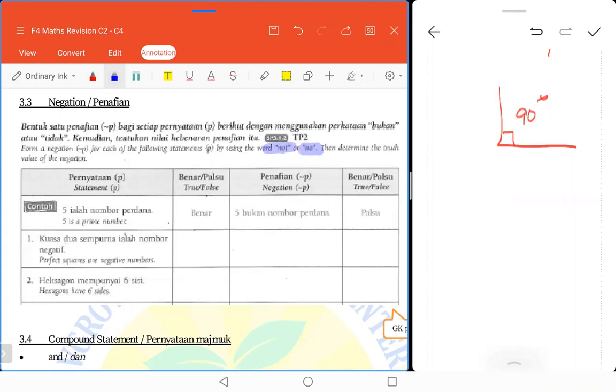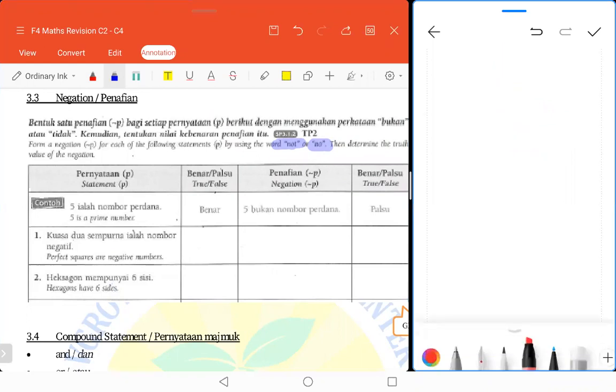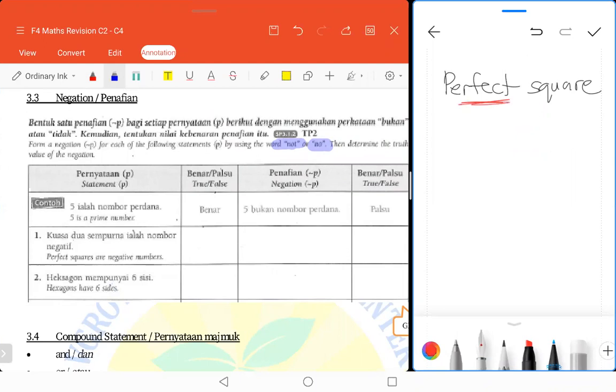Okay, so for number 1, perfect squares are negative numbers. Is it true or not? What is a perfect square first? Look at the words here. Perfect square.